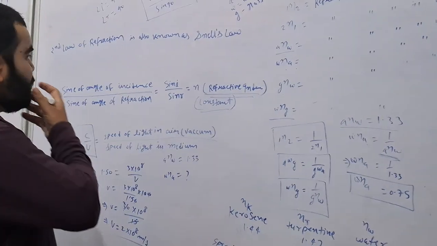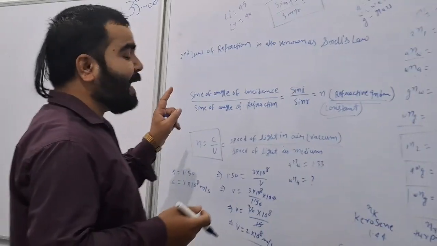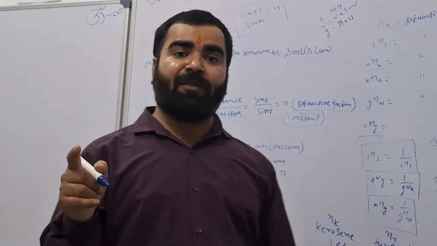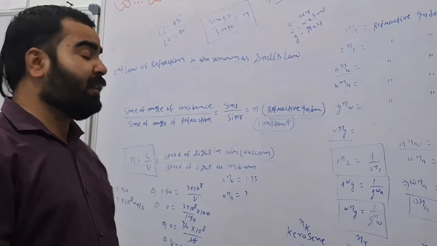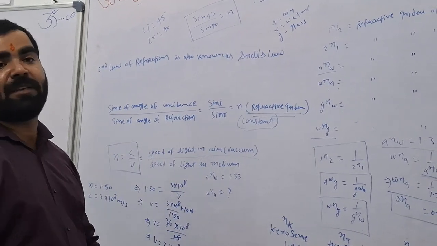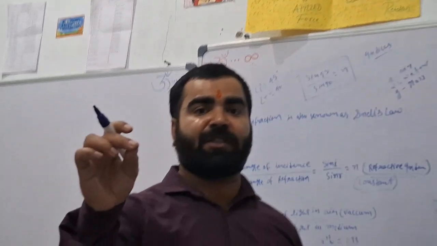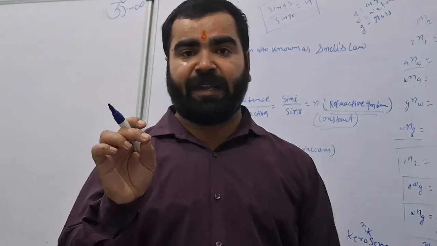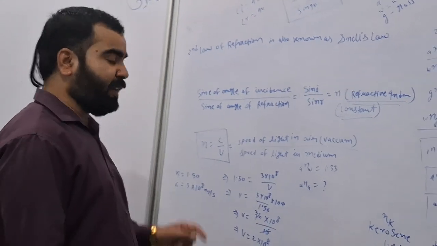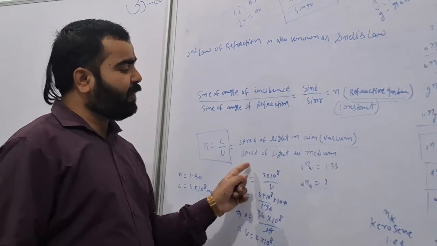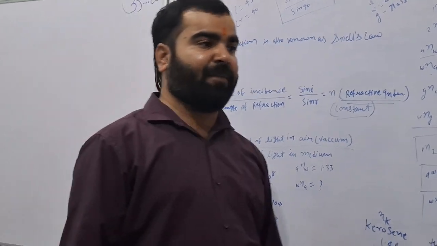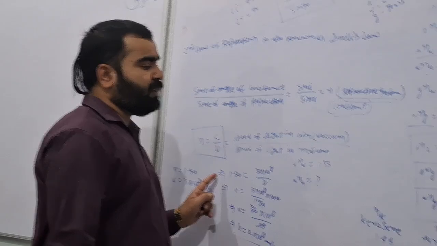The ratio of the sine of the angle of incidence to the sine of the angle of refraction, sin i by sin r, is equal to a constant, and that constant is known as the refractive index. There is another formula for refractive index: the speed of light in vacuum divided by the speed of light in the medium, n equals c by v.